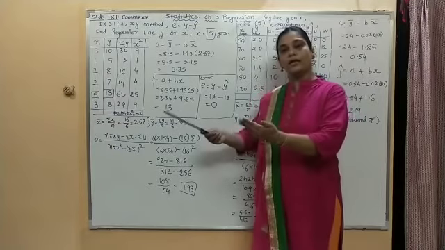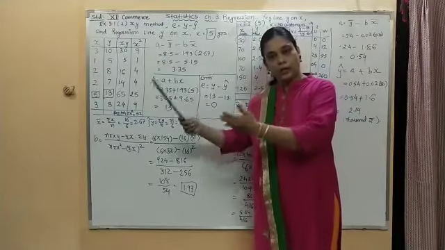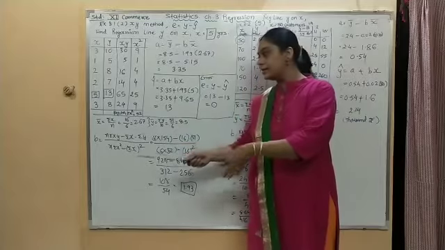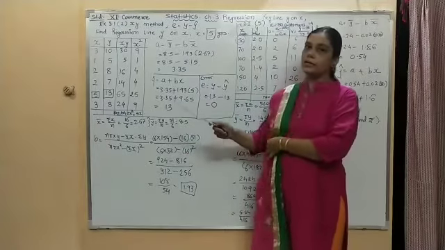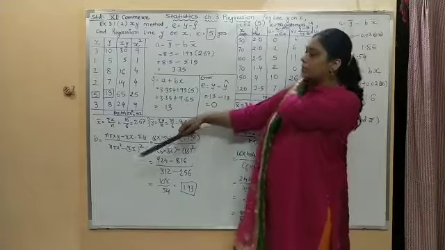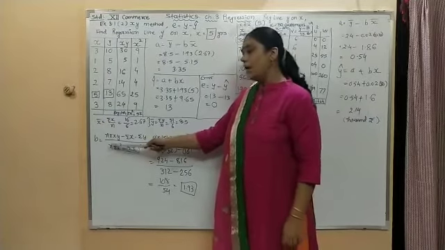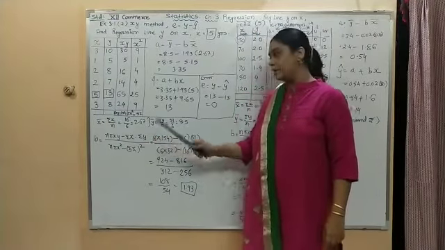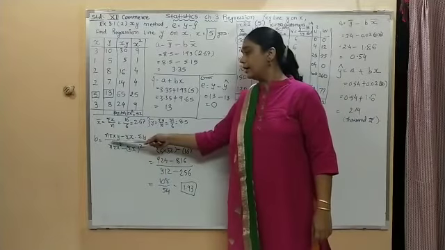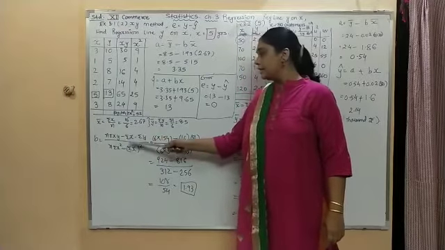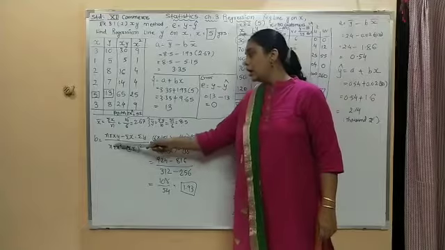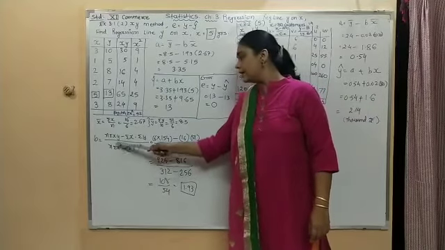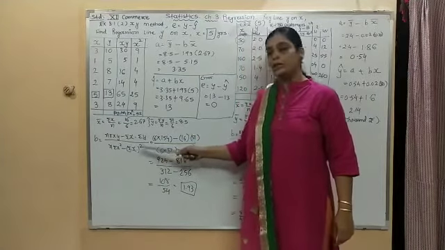If you are in the second chapter correlation, then also it is like this, and if you are in the third chapter, then also it is like this. So here B is equal to the formula I have selected, the XY formula, sigma XY minus sigma x into sigma y upon n sigma x square minus sigma x whole square.